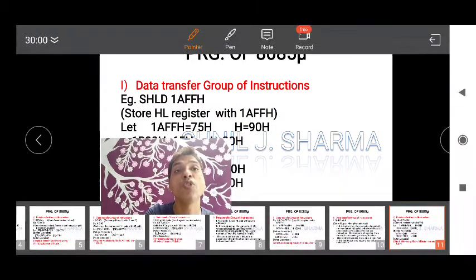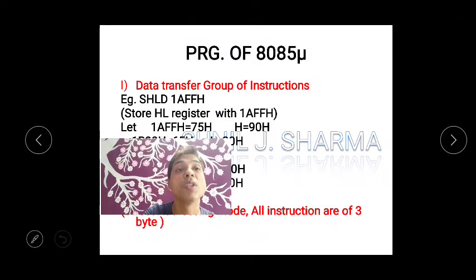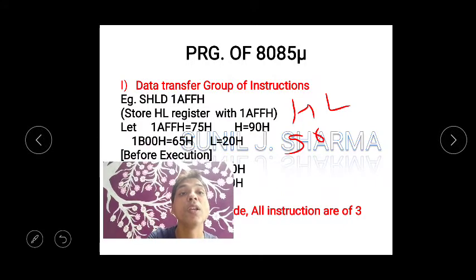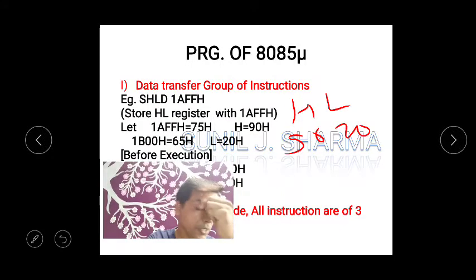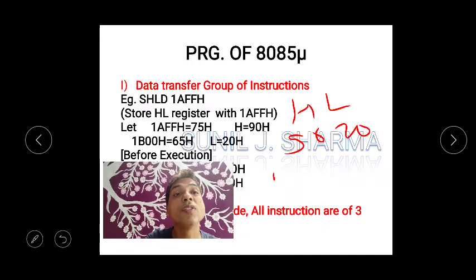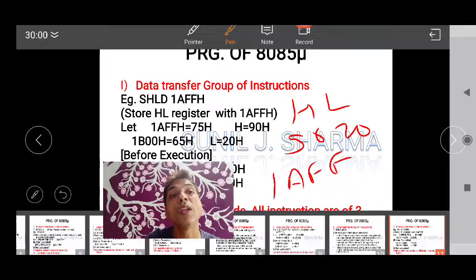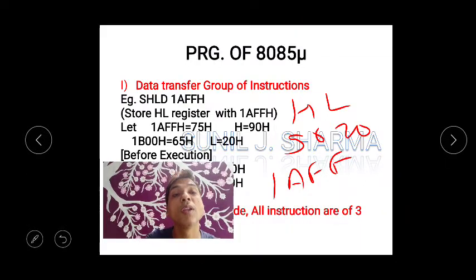So if I want to show you diagrammatically, suppose H and L. What is H storing? 90. What is L storing? 20. Now what are the addresses? 1AFF. And what is the next memory? 1B00.